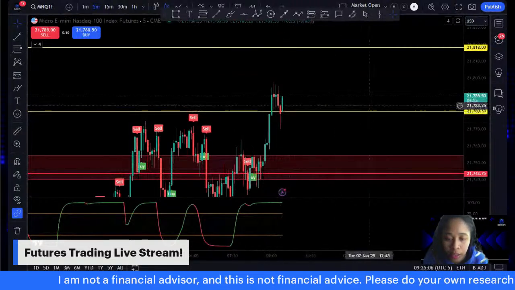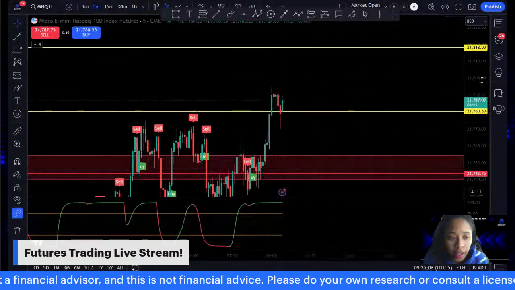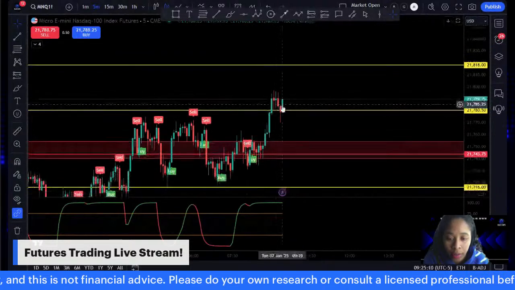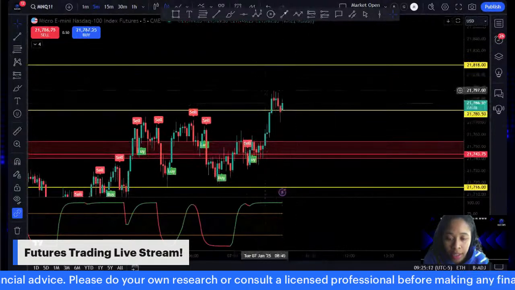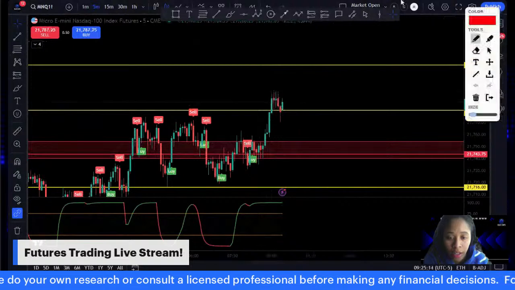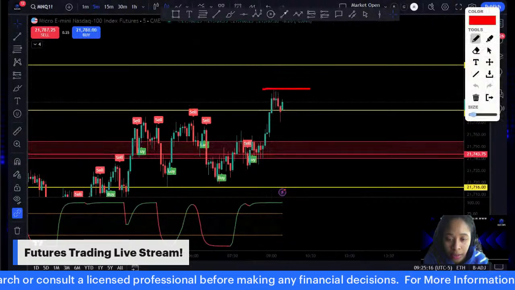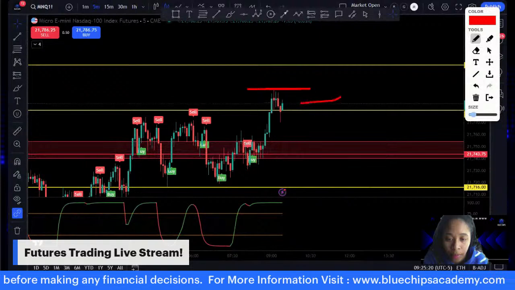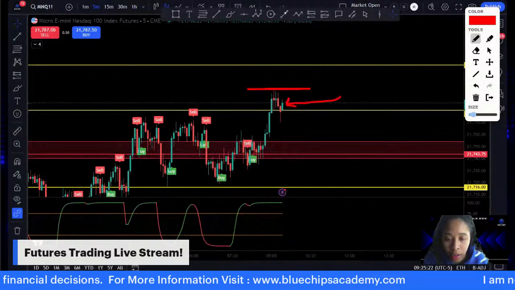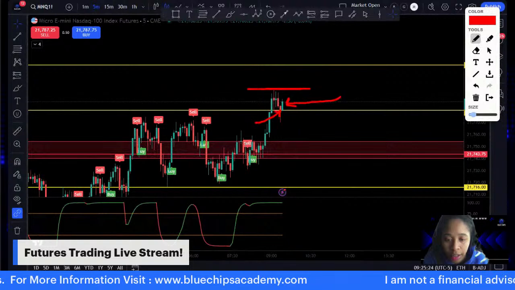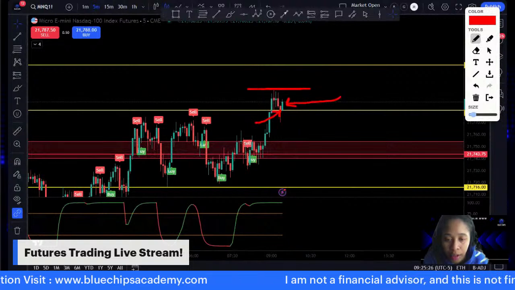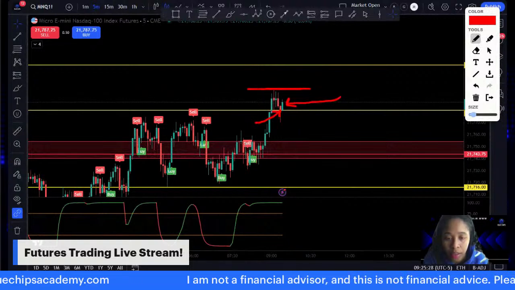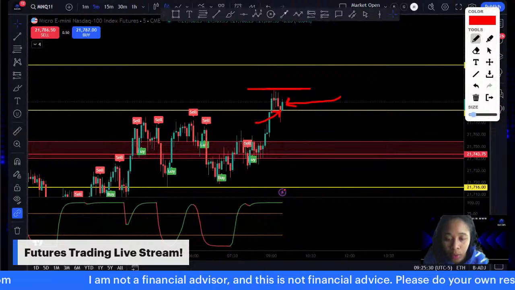Okay, we got 5 minutes until market opens. Now, if this candle engulfs and breaks this level here, we have to start looking for some buys, guys. If this green candle closes larger than this red candle and we break this level right here, we can look for some buys.